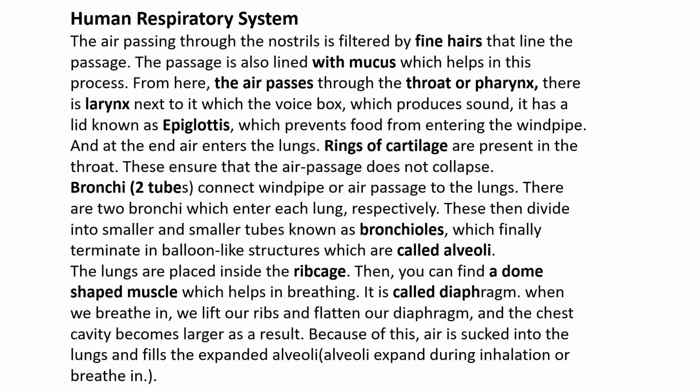Human respiratory system explanation: air enters through the nostril and is filtered by nasal hair. There is a layer of mucus which also acts as a filter. Then the air passes through the pharynx, reaches the larynx, and then enters the trachea. The trachea has rings of cartilage, then bronchi, bronchioles, alveoli, and the lungs are placed inside the rib cage.